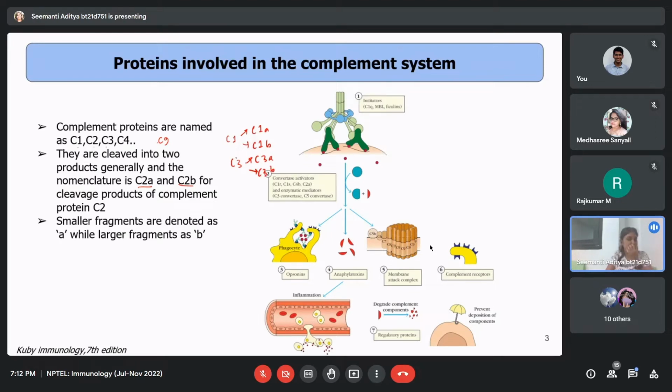So generally, all these complement proteins get cleaved into two subunits, and of that, one is a smaller subunit and the other is a bigger subunit, and one is membrane bound while the other is soluble.